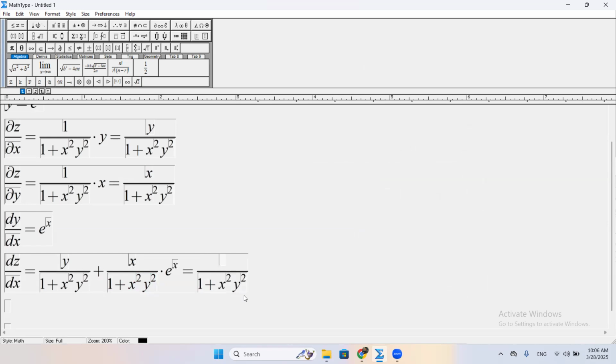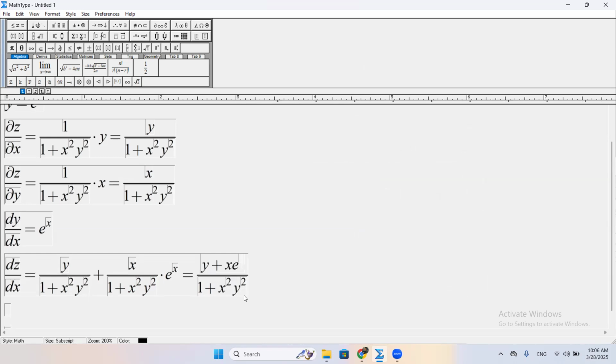So what do we have? y plus x times e to the power of x. And let's substitute y with e to the power of x. So what I have here is e to the power of x, and let's move it out of brackets, times 1 plus x. And in the denominator, 1 plus x squared e to the power of 2x. And it's done. Any questions about this exercise?